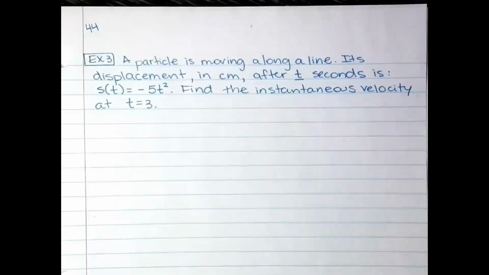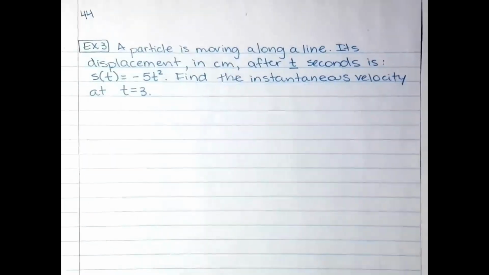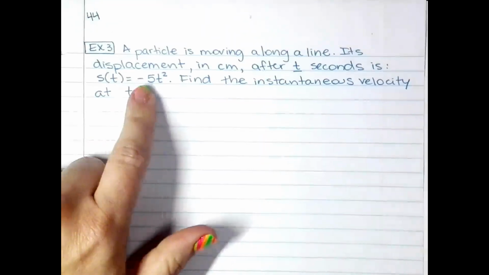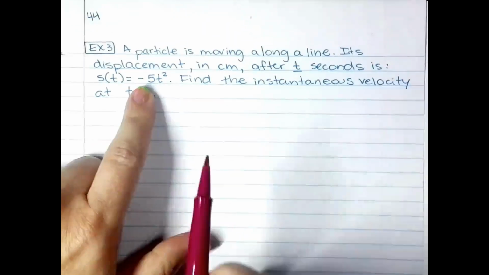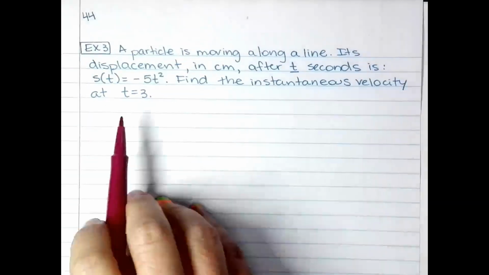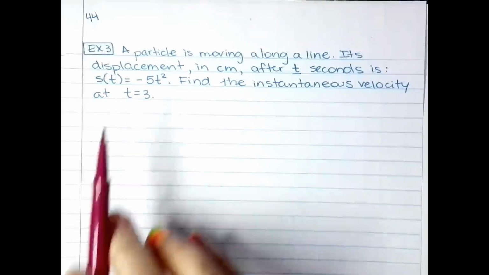So we're going to move on to instantaneous velocity. We have the displacement right here, given by the equation. Find instantaneous velocity at t equals 3.